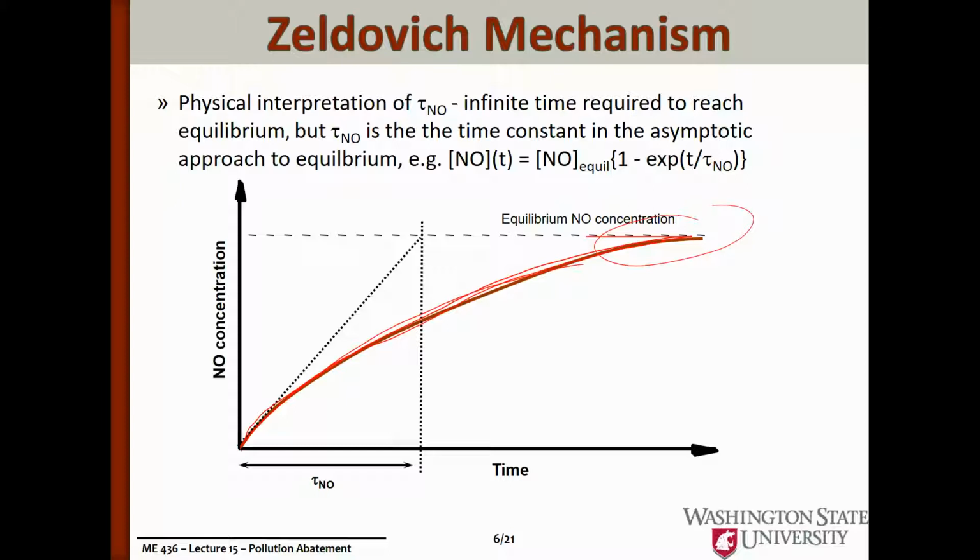So to characterize how quickly it starts out, we give it a characteristic time, this tau NO. If you took the slope of nitric oxide formation at any given moment and figured out how long at that rate it would take to reach equilibrium, that gives us a time constant that we can characterize the combustion by. So a single number, since it's infinity for everything to truly reach equilibrium, this gives us some way to tell how fast we're headed towards equilibrium.